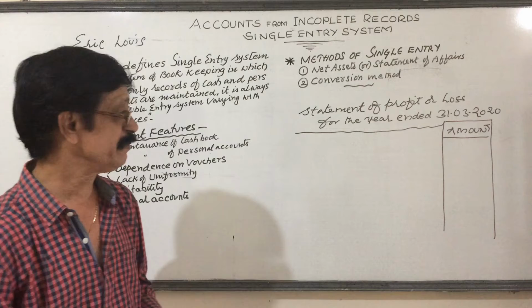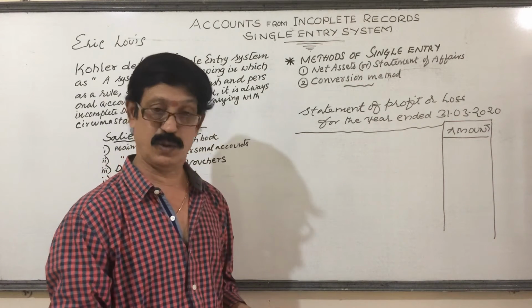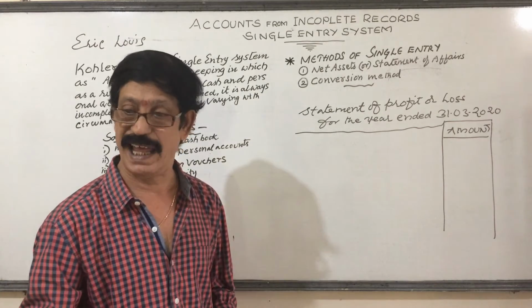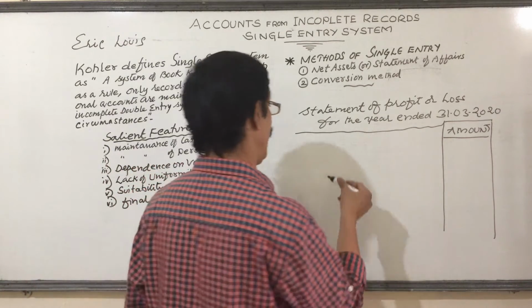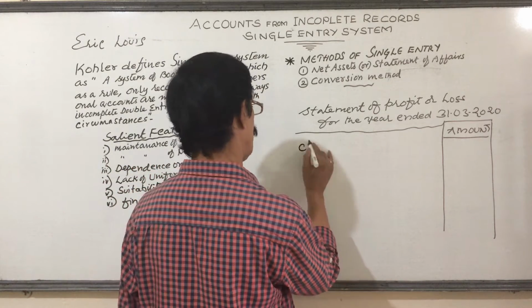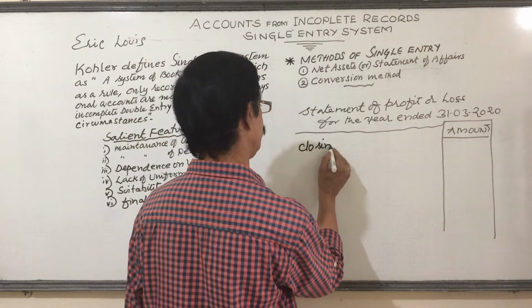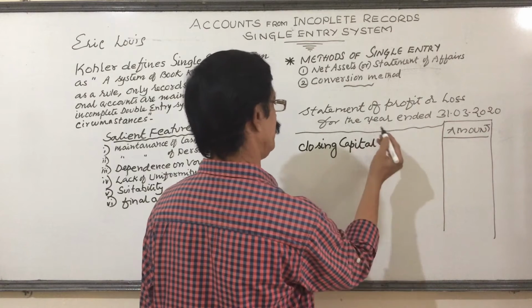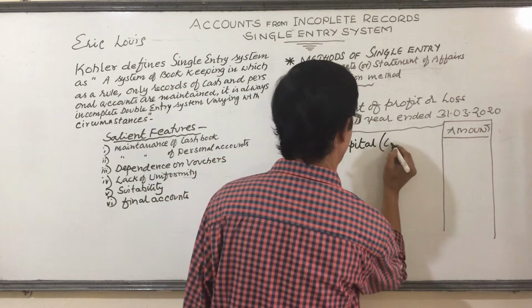Well, closing capital, year-ending capital. How much did we get previously? 1,20,000. Closing capital, or you can say capital at the end.